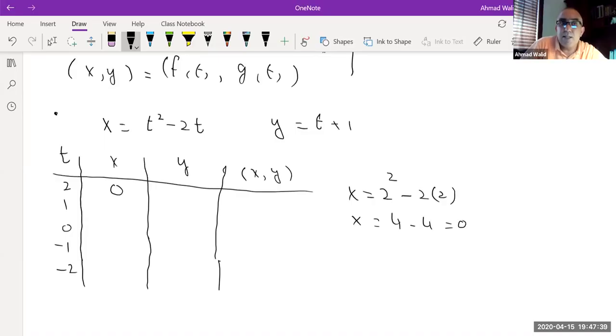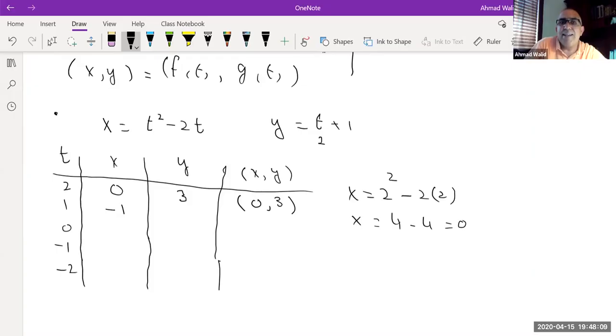which gives me what? 0. At the same time, let's plug 2 into y. If I plug 2 here, it will be y equals 2 plus 1, which gives you what? 3. You see, I got an ordered pair, x is 0, y is 3. Same way, if I plug in 1 here, 1 squared is 1. 1 times -2 gives you -2. 1 minus 2 gives you -1.